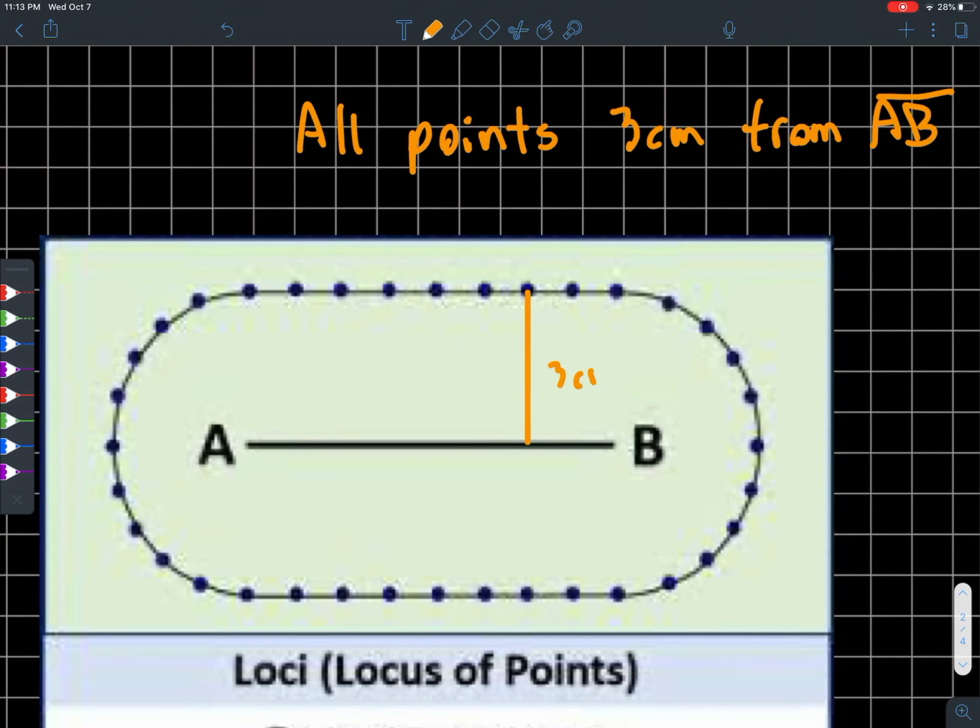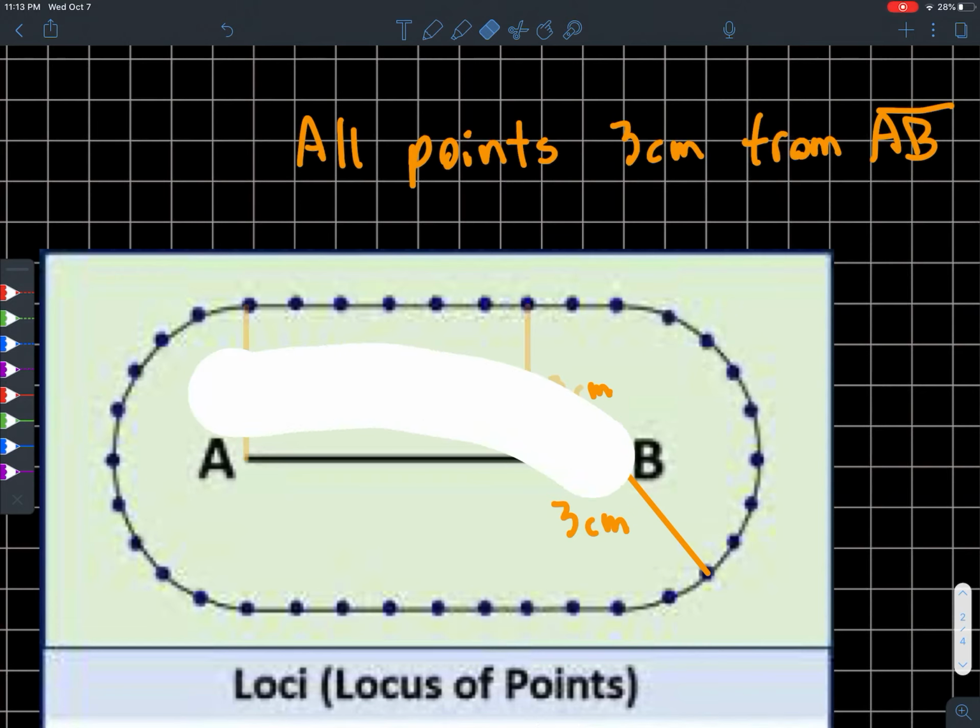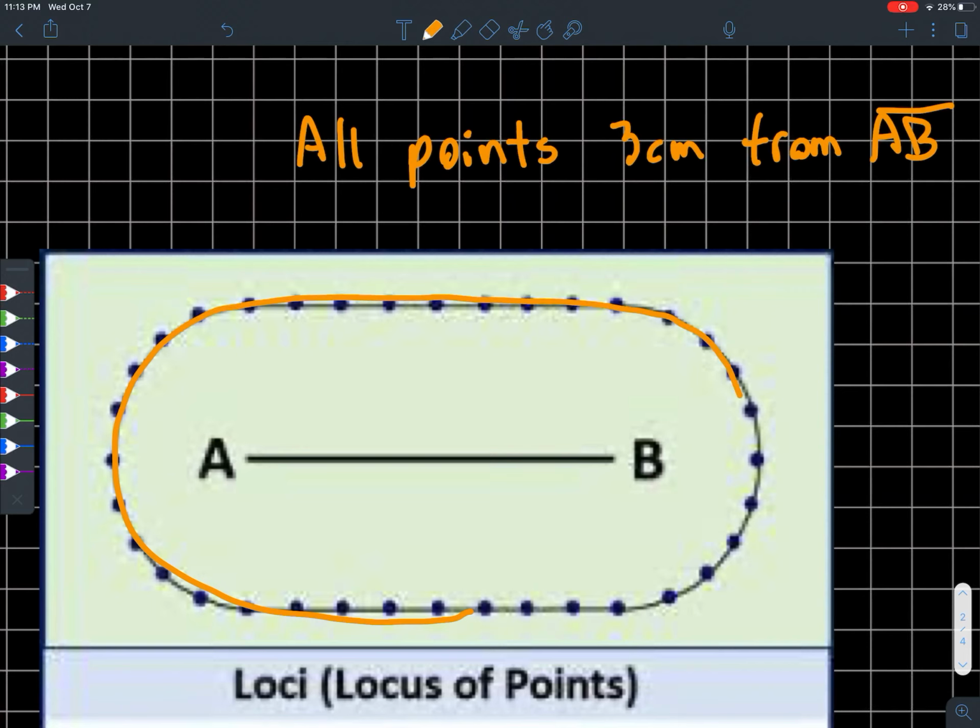This one's 3 centimeters, and this one's 3 centimeters, and this one's 3 centimeters. And all these points make up this curve on the outside. It's called a slot. This particular shape with straight sides and then a curve. That's called a slot, for those of you who don't know.